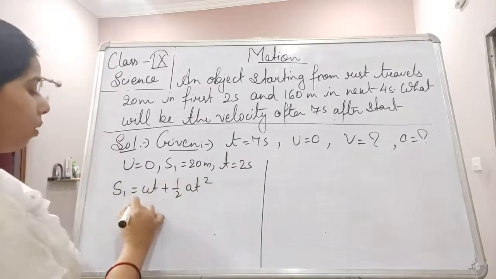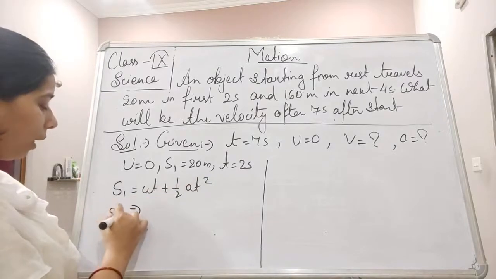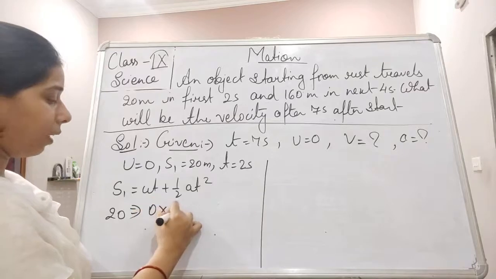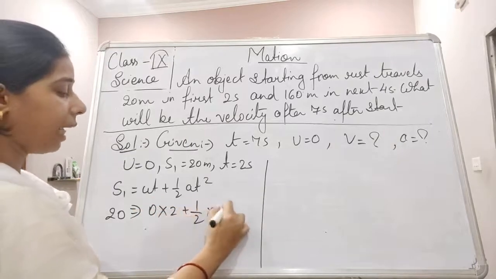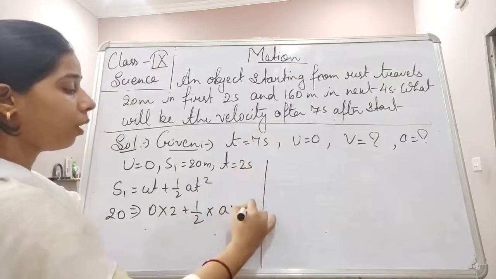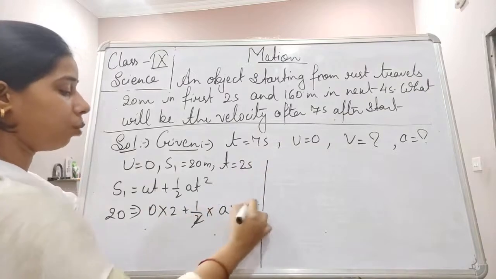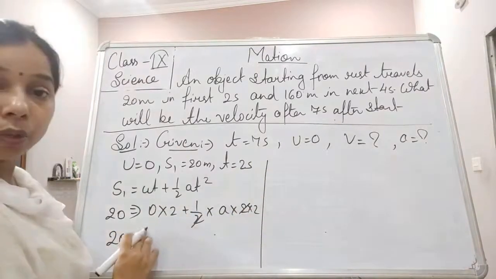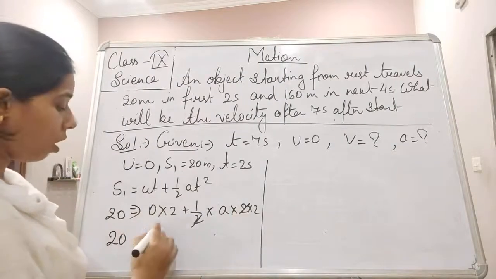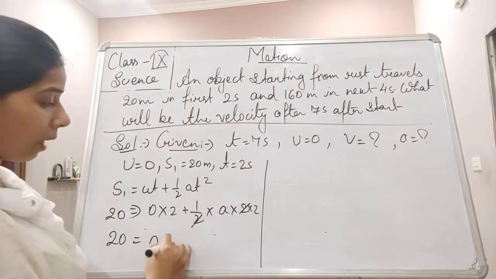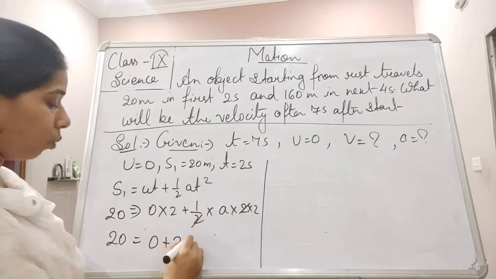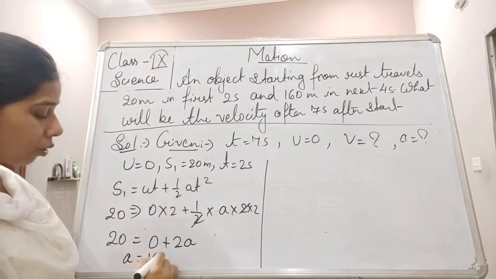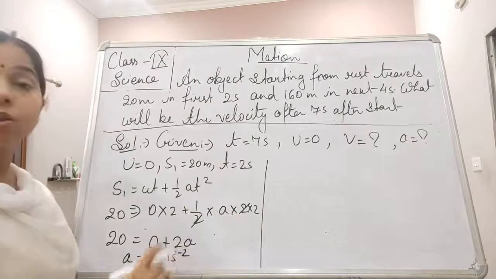This will be equals to 20, u is 0 into time 2 plus half a into 2 into 2. Now this 2 will cancel each other. It will become 20, 0 into 2 is already 0, so it will be 0 plus a into 2, it will be 2a. Now when you divide it, you will get the value of acceleration equals to 10 meter per second square.